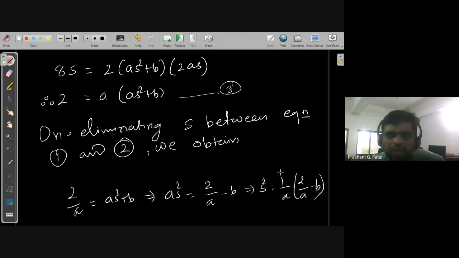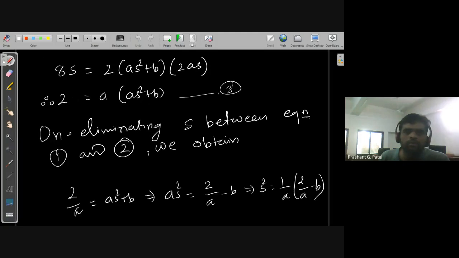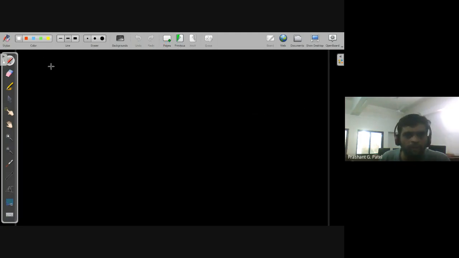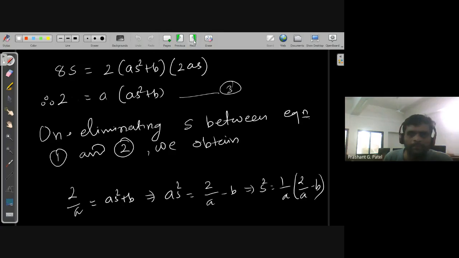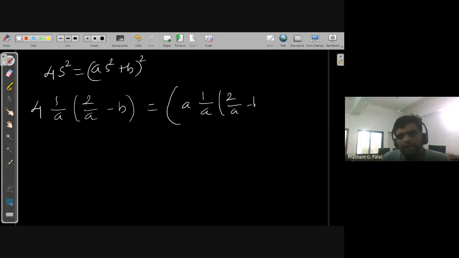And if you substitute this value into the equation number 1 that we have here, so that leads to the equation 1 is this, 4s square equal to as square plus b whole square. So 4 into, you just substitute this value 1 upon a into 2 by a minus b equal to a into 1 upon a into 2 by a minus b plus b whole square.